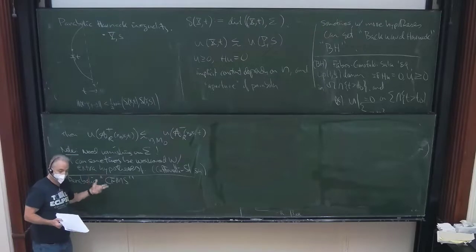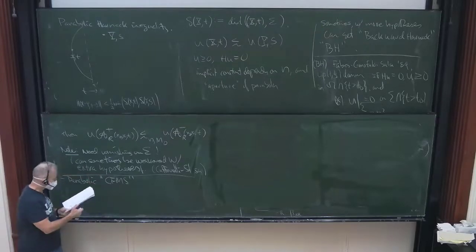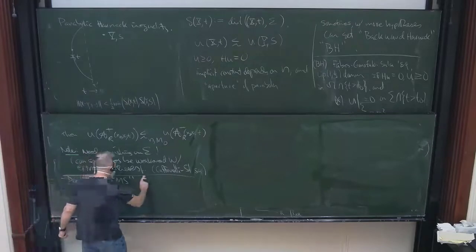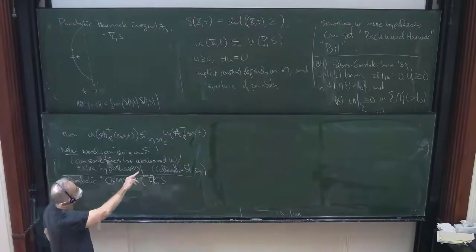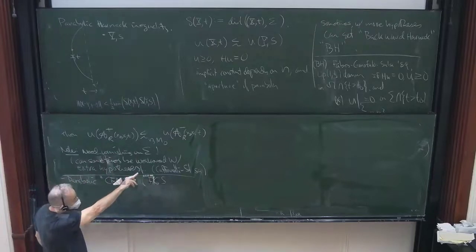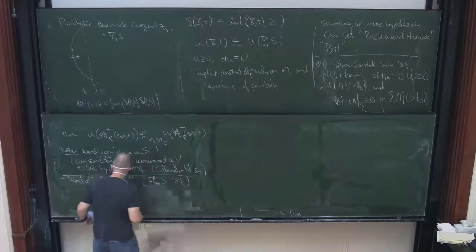There's a parabolic analog of that, relating the Green function to the caloric measure. And the version that we're going to quote here is, again, from these same guys I mentioned before, Fabes, Garofalo, and Salsa, FGS from here on, in this paper in 84.